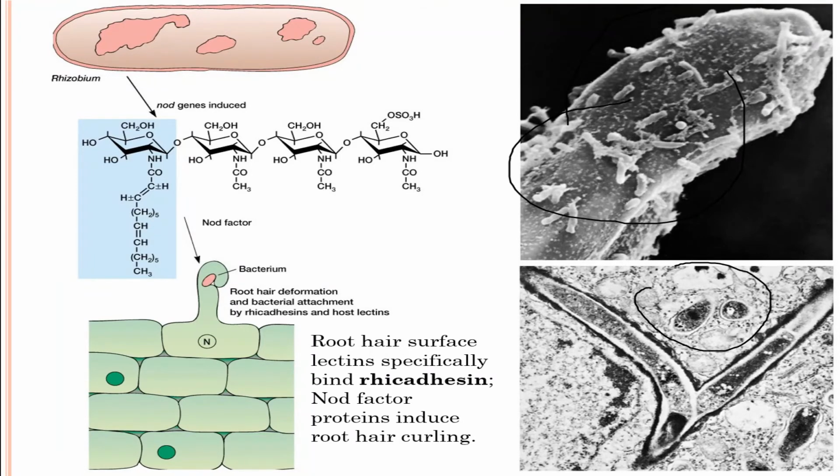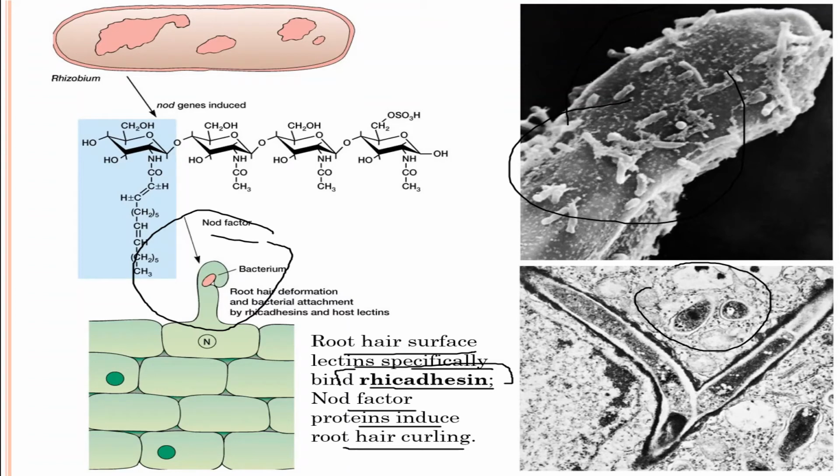Also, root hair surface lectins especially bind rhicadhesin, and Nod factor proteins induce root hair curling. So due to the presence of Nod factor and rhicadhesin, it induces root curling and root hair deformation, and bacterial attachment by rhicadhesin and host lectins.